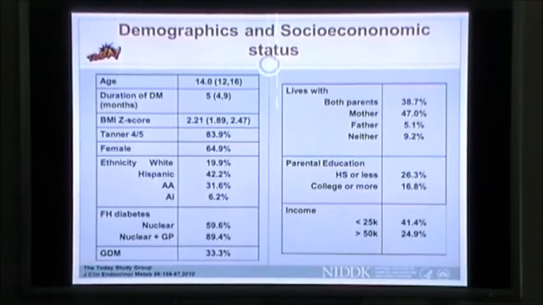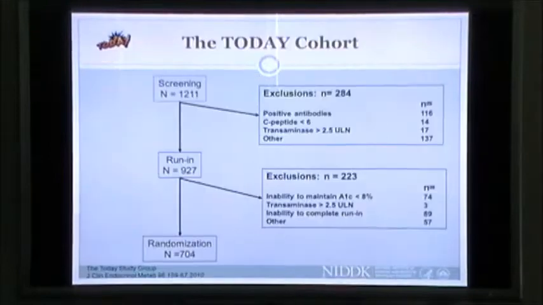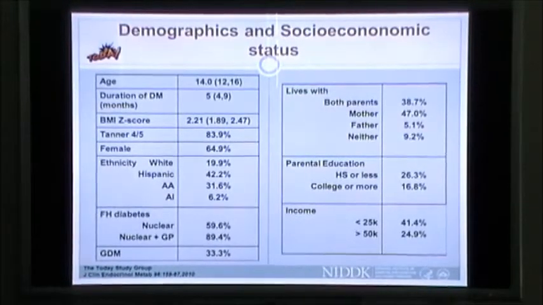So what do they look like? They have a median age of 14. Not surprising, based on what I showed you about insulin sensitivity. This is the peak of insulin resistance.